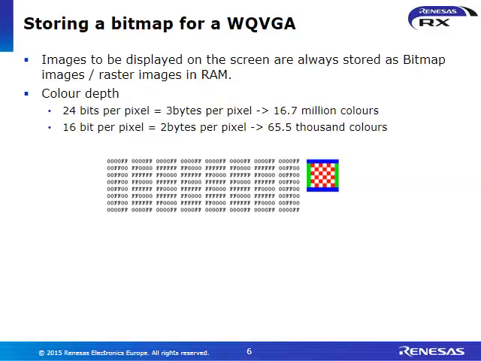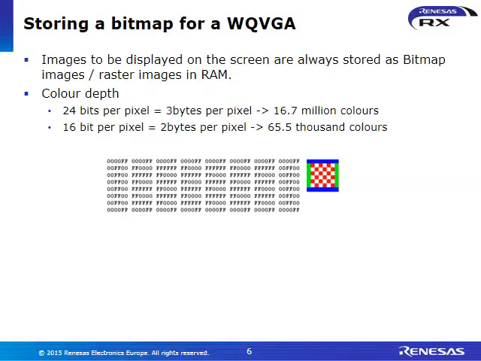First of all, if you want to display a picture on a TFT, you have to store the bitmap, which needs to be displayed later on the TFT, in a kind of RAM, a kind of memory. It could be internal memory, it could be outside memory, outside of the MCU. However, it needs to be there, and you need quite a lot of memory because the bitmaps or images could be pretty large.